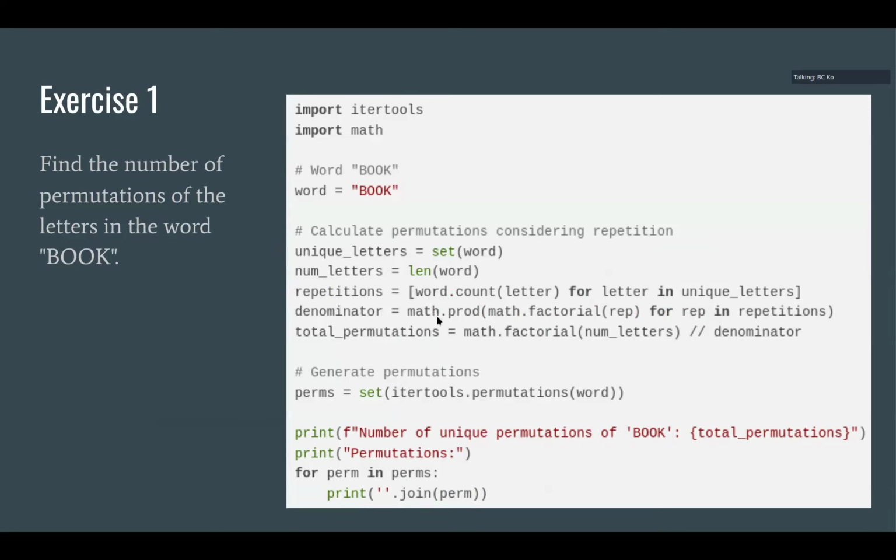And then you can calculate the product of the factorials of these repetition counts using math.prod, and then calculate the total number of unique permutations by dividing the factorial of the total number of letters by this product. Then you can generate all permutations of the word and then convert it to a set to remove duplicates.